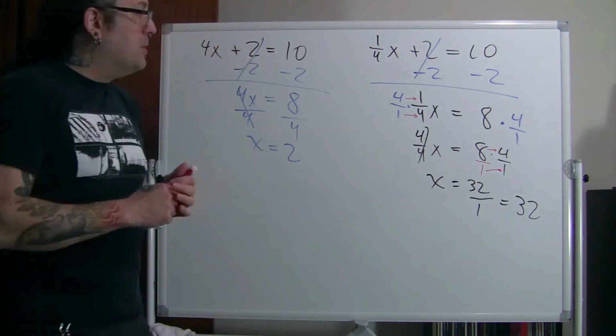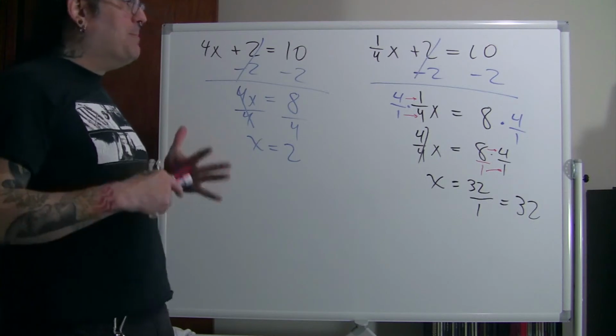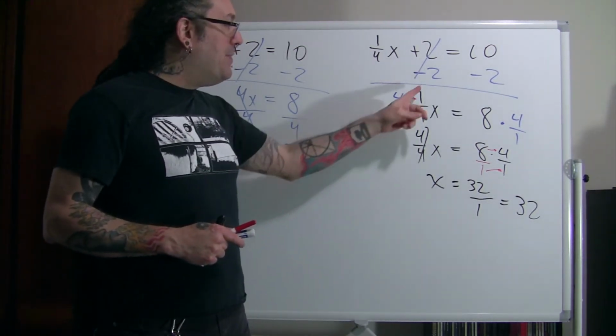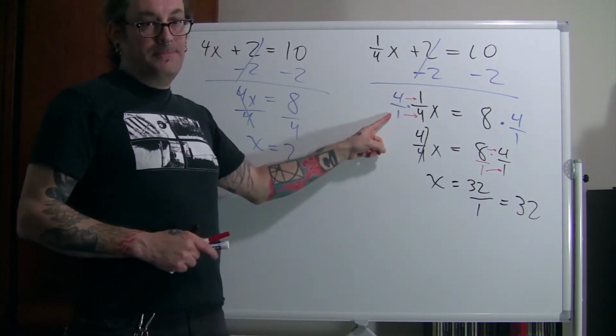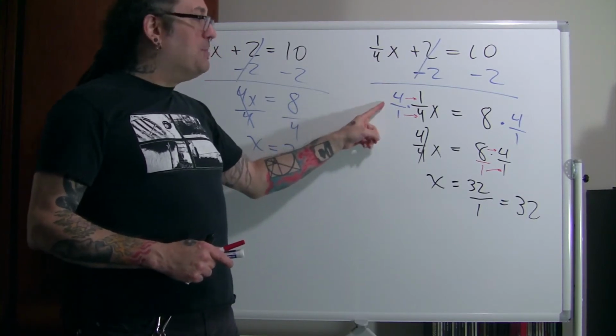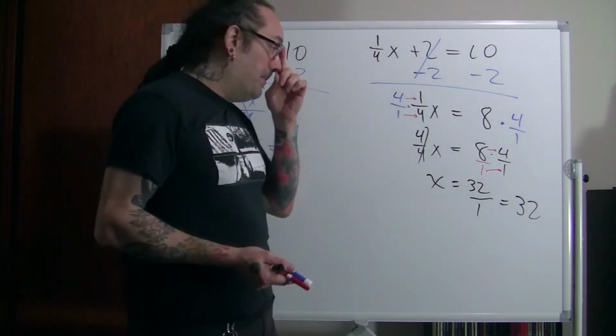So before I multiplied both sides by 4, this kind of also is multiplying by 4 on both sides. But if I had 3/4 here, I would multiply by 4 over 3. So I really just, this still is multiplying by 4 because 4 over 1 is 4. That's why this works.